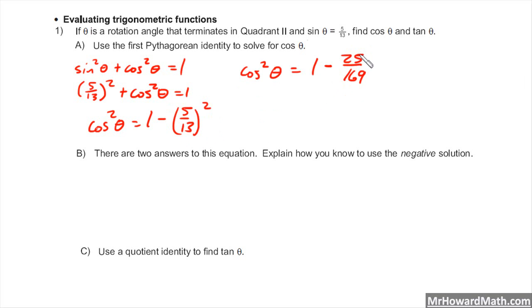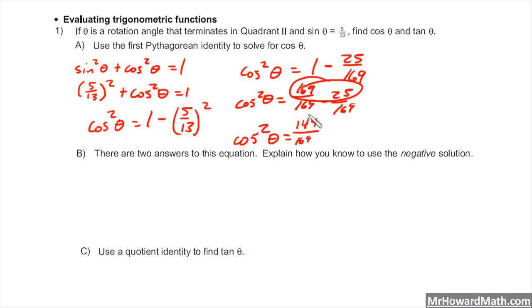So we have a fraction here and a whole number here, so we'll rewrite this as a fraction. That would be equivalent to 169 over 169, subtract 25 over 169. And we get cosine squared theta is equal to 169 minus 25 would be 144 over 169. So 169 minus 25 is 144.